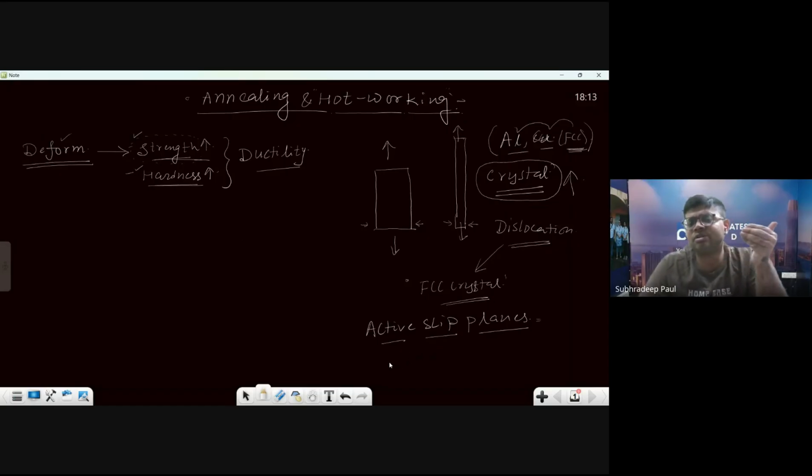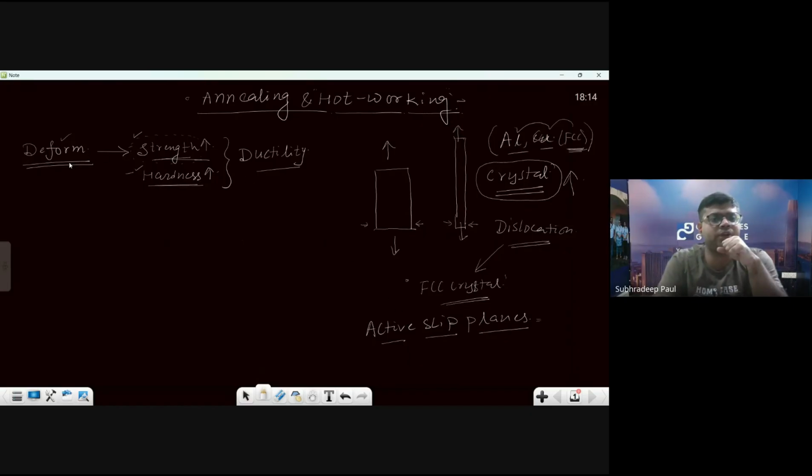That is what makes the material easily deformable. Because the dislocations are gliding easily, the material becomes easily deformable, so it is making the material ductile as well.